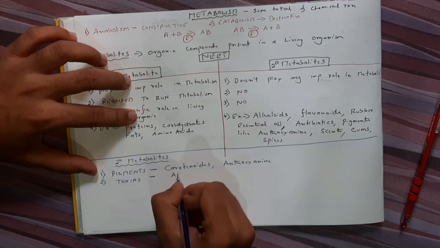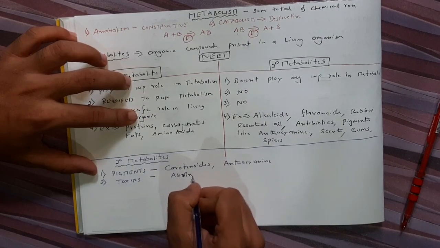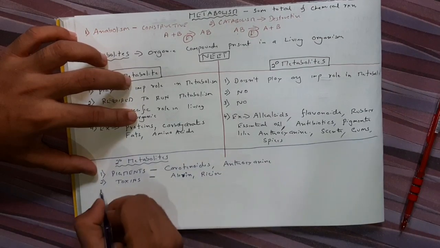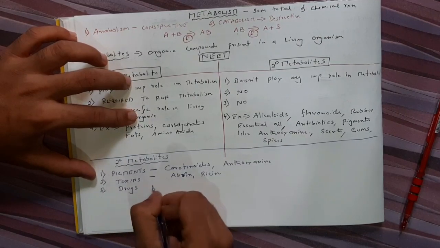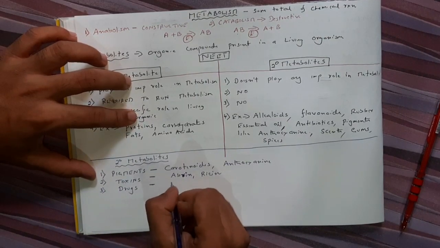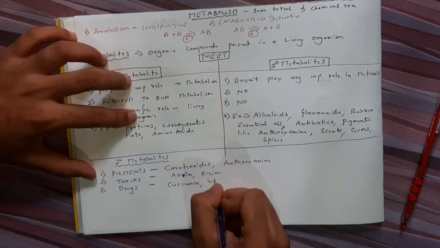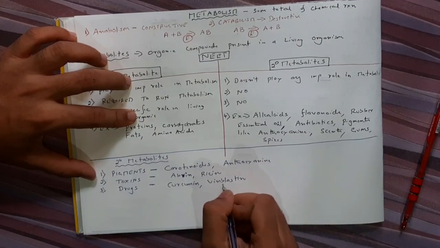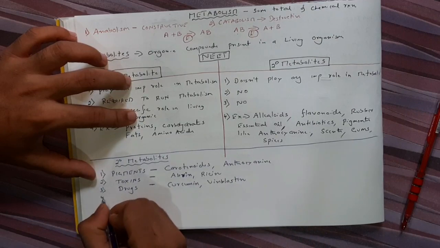That is abrin, A-B-R-I-N, then ricin. Abrin and ricin are types of plant toxins. Then certain drugs, there are so many drugs actually. That is curcumin, vinblastin, V-I-N-B-L-A-S-T-I-N.